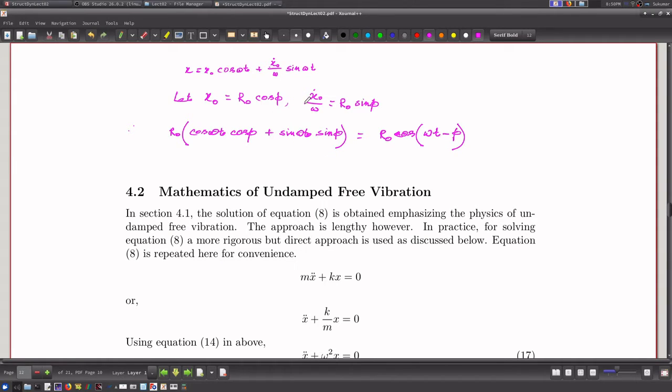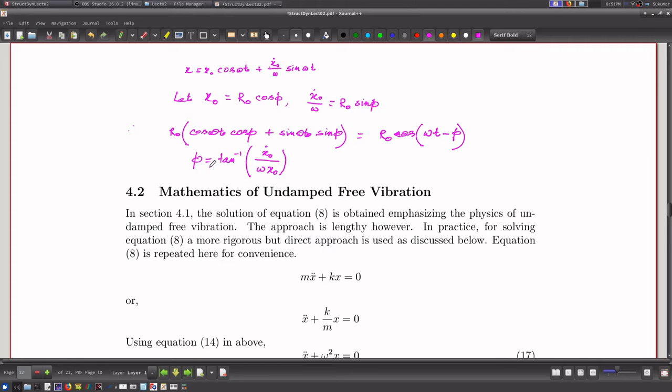Phi is this divided by this now, just the inverse of the earlier phi. So phi is tan inverse of x dot naught by omega divided by x naught, so it will be x dot naught by omega x naught, right?